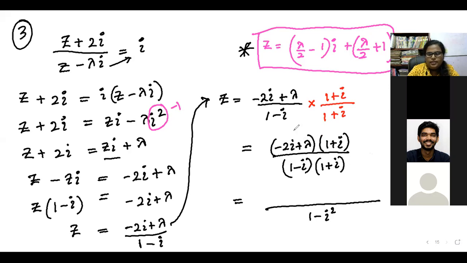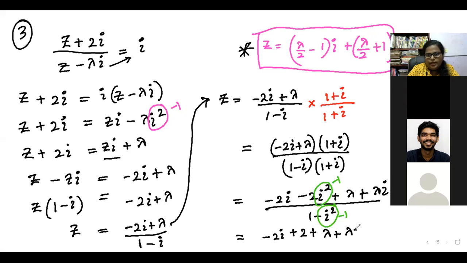In the numerator, we can simplify this one as minus 2i minus 2i square plus lambda plus lambda i. This is the way we simplify this one. Here you can see this i square can be simplified as minus 1, as well this i square is also simplified as minus 1. So when you simplify these two, you end up with the result minus 2i plus 2 plus lambda plus lambda i divided by 2, right?